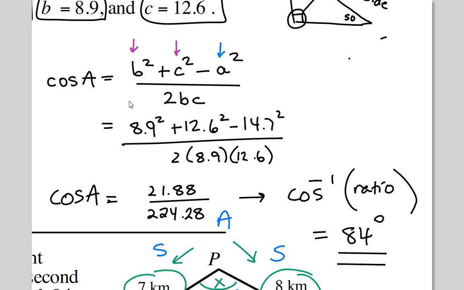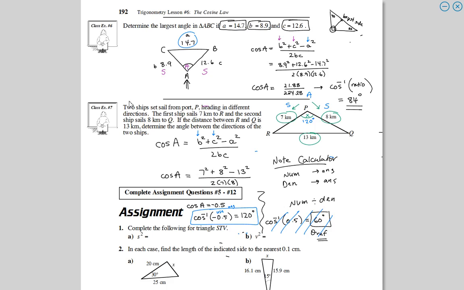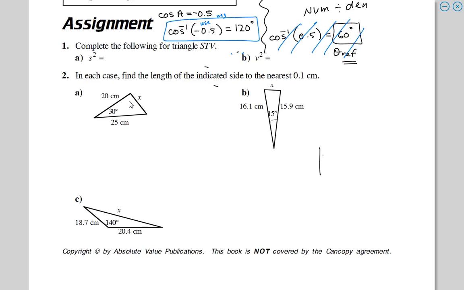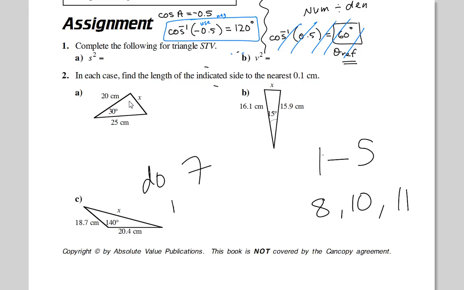Everyone make sure you get 7 done. 7A, B, C, and D. Just do it right now. The homework will be 1 to 5, 8, 10, and 11, and then just do 7 right now. That way, if you do 7 before class is over, you can get my attention if you screw up. If you get 7, you should pretty much have this mastered.